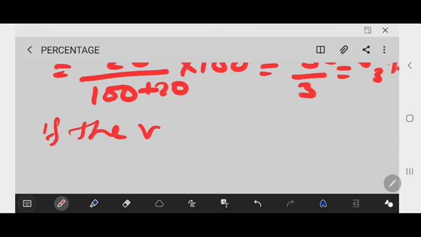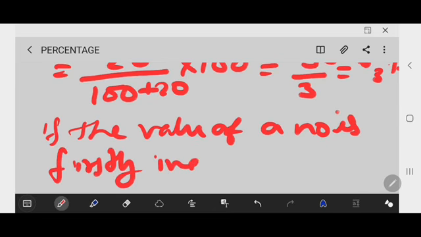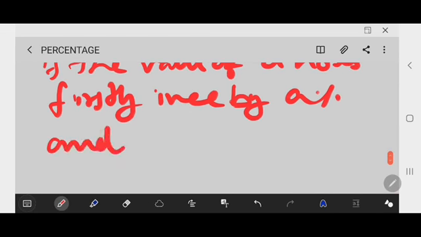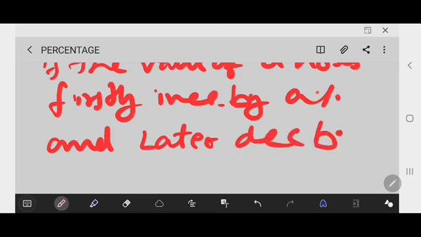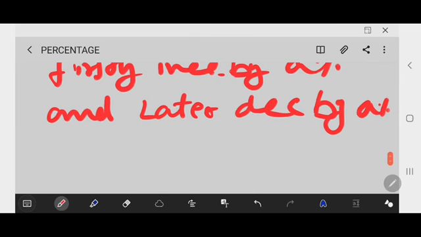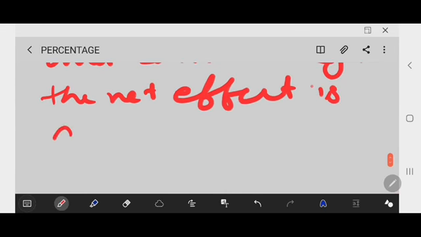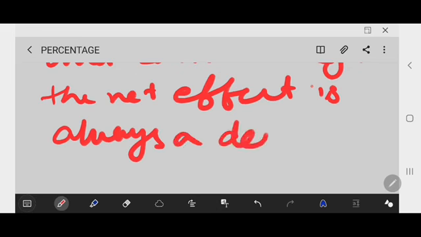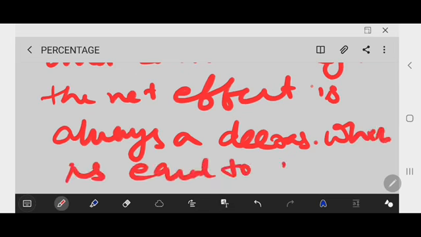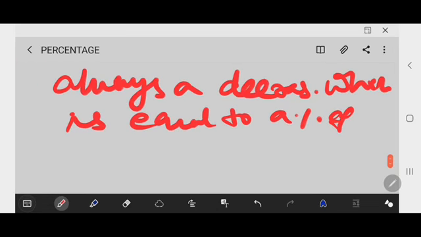Next trick is, if the value of a number is first increased by a percent and later decreased by a percent, the net effect is always a decrease, which is equal to a percent of a.